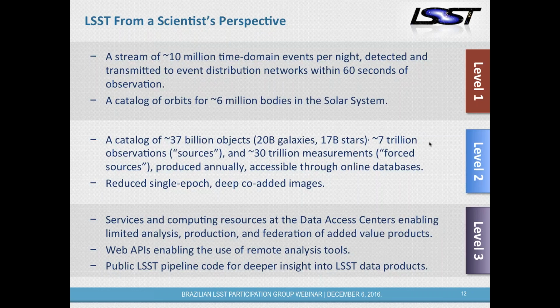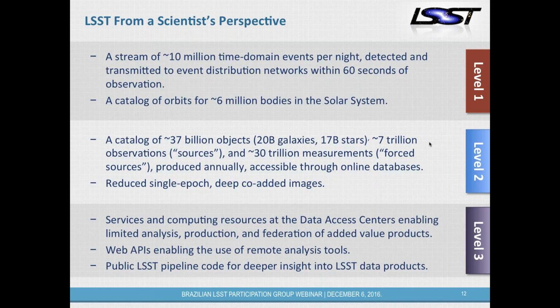Level 2 is intended to enable static sky science as well as science that really requires precision. So we call it systematics limited science. So these are data releases. If you worked with SDSS, Sloan, or with DES, the Dark Energy Survey, you're very familiar with the concept.